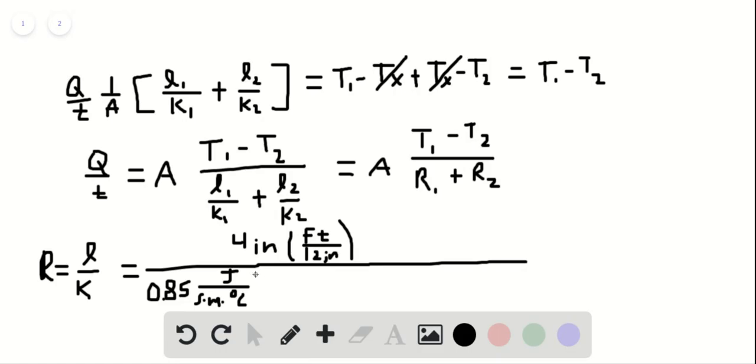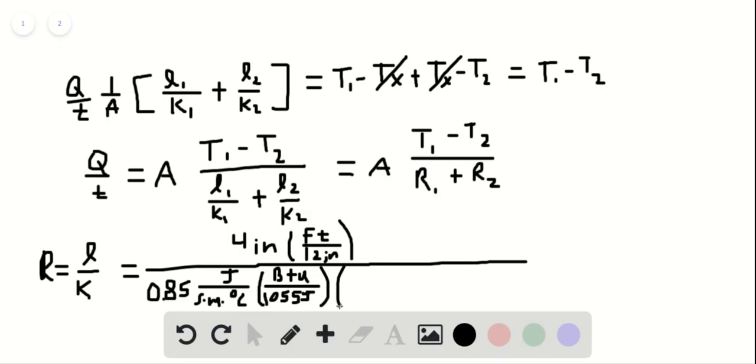So 1 BTU, so we'll multiply this by the first conversion. 1 BTU is equal to 1,055 joules. So now we're in BTU, which is good.